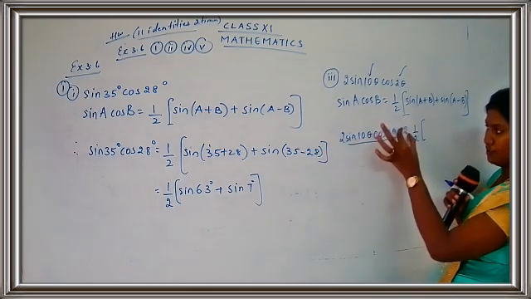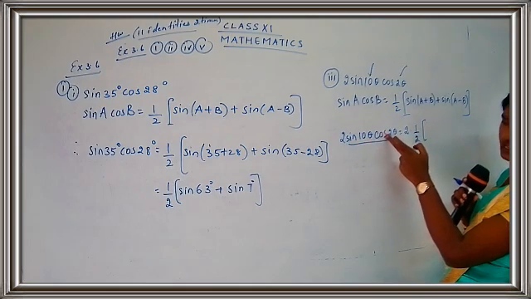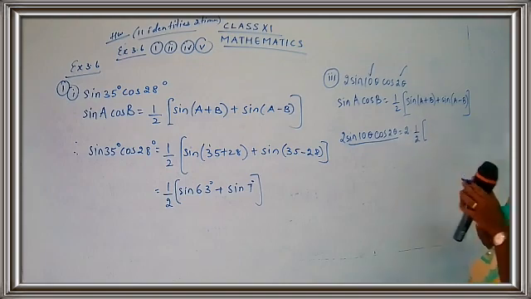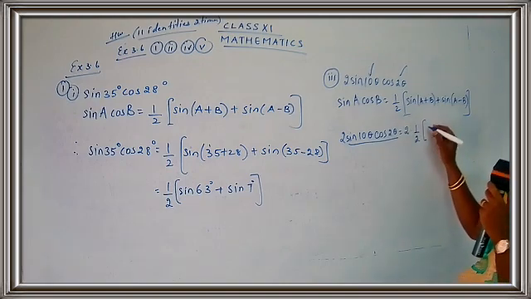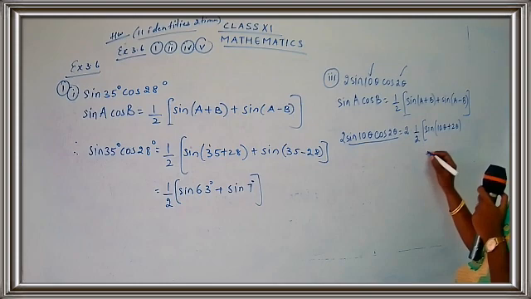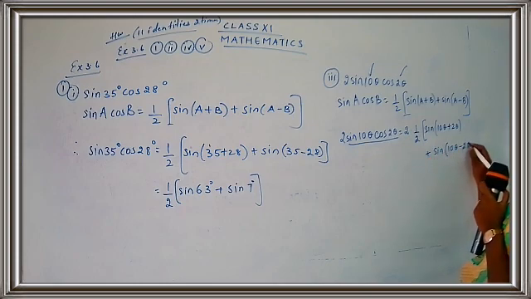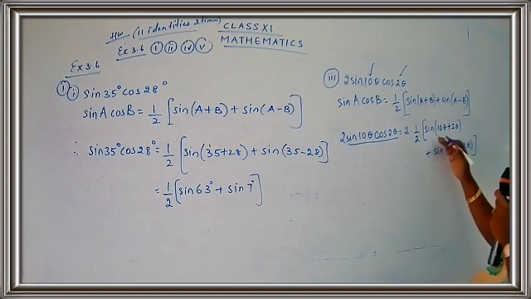So you have to write 2 separately, and we have to apply the formula for sine 10 theta into cos 2 theta. So that is half of sine A plus B. So sine A plus B means sine of 10 theta plus 2 theta plus sine of 10 theta minus 2 theta. I'm just writing it broken up.